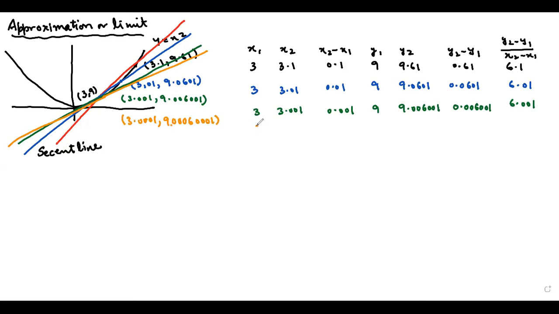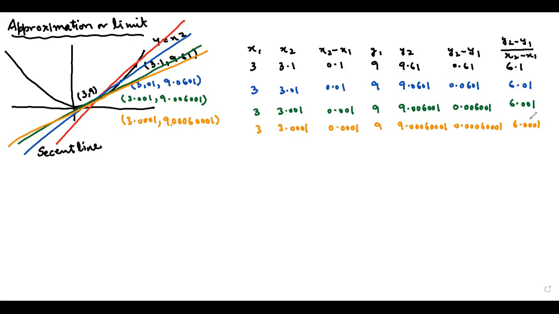The x1 is 3, x2 is 3.0001, x2 minus x1 is 0.0001. The difference in the values of y is 9.00060001 minus 9, which is 0.00060001.